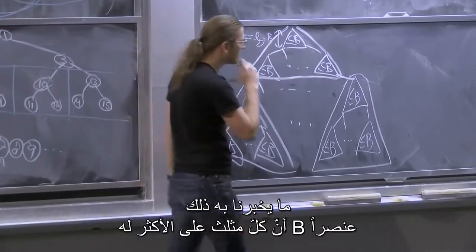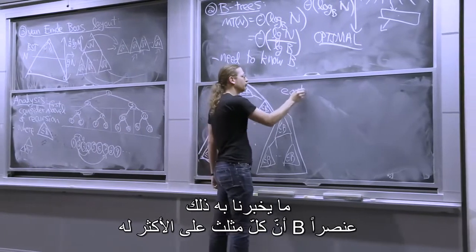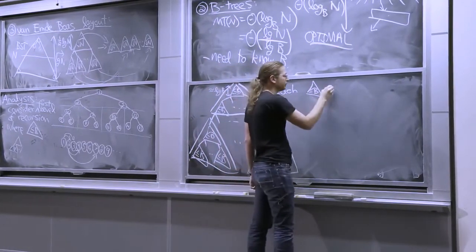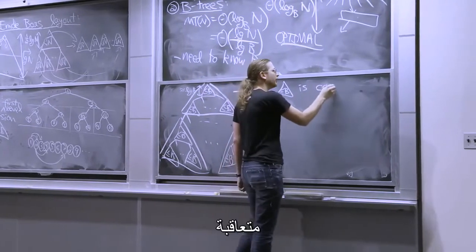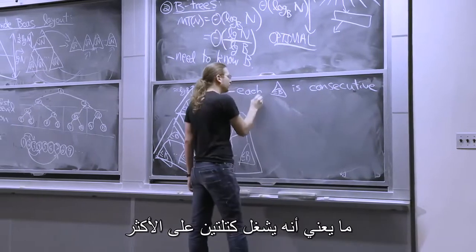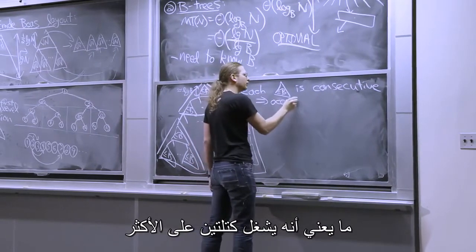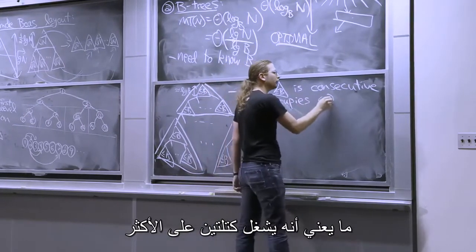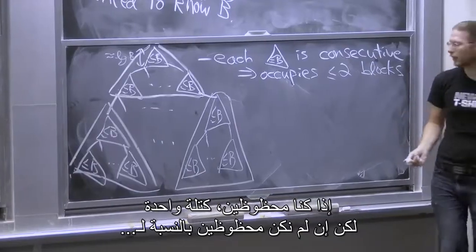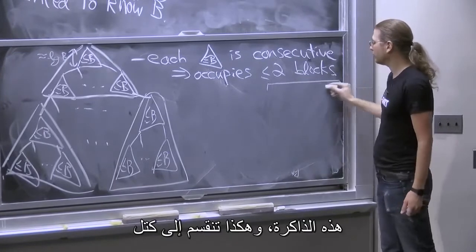What that tells us is that each triangle with at most B elements is consecutive, which means it occupies at most 2 blocks.